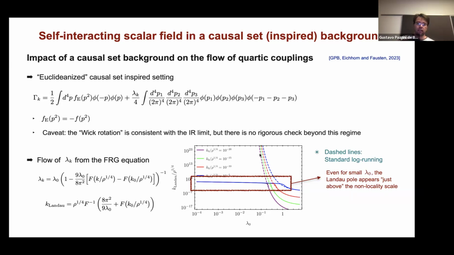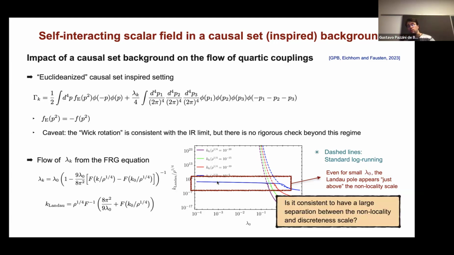Here the dashed lines correspond to the situation where I don't have any causal set inspired modification. And here we see that if you make lambda sufficiently small, then you move the Landau pole to high energies. Here it seems that it's not the case. So even if you make lambda in the infrared sufficiently small, you still have the Landau pole right above the discreteness scale.